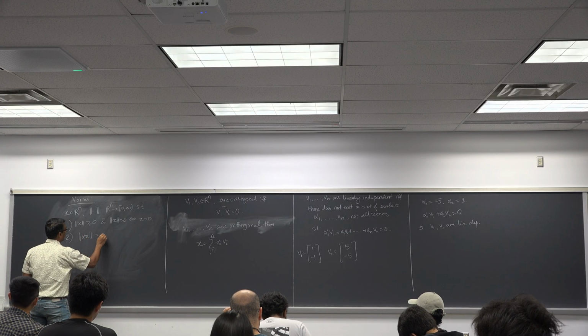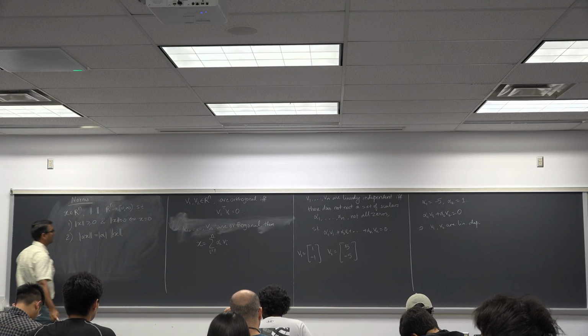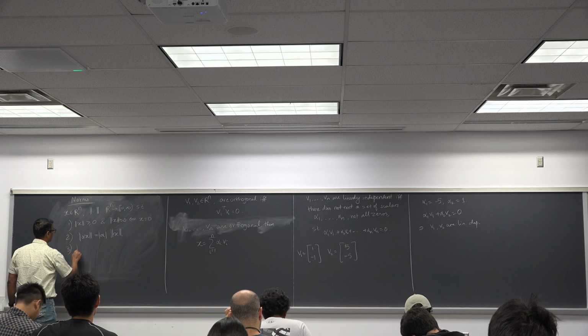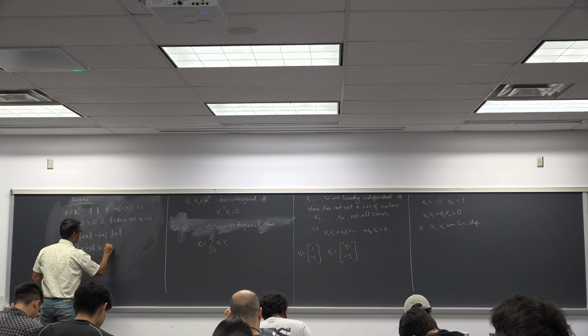The norm of alpha x is equal to the absolute value of alpha times the norm of x. And the third condition is the triangle inequality.